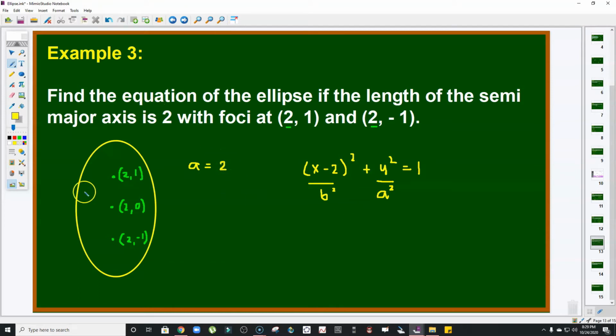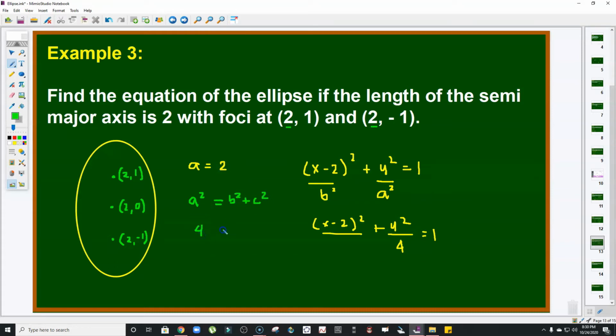Okay, so therefore, plug in ko na lang dito. So this one will become 4. So (x minus 2) squared over b squared, plus y squared over 4 equals 1. Next, like what we did in problem number 1, kung naalala nyo, in ellipse, the Pythagorean relation that we're going to use is that a squared equals b squared plus c squared.